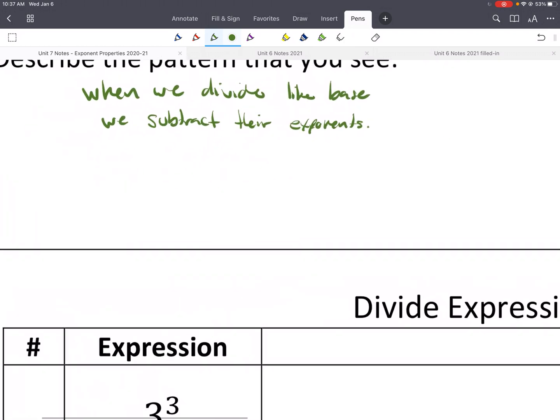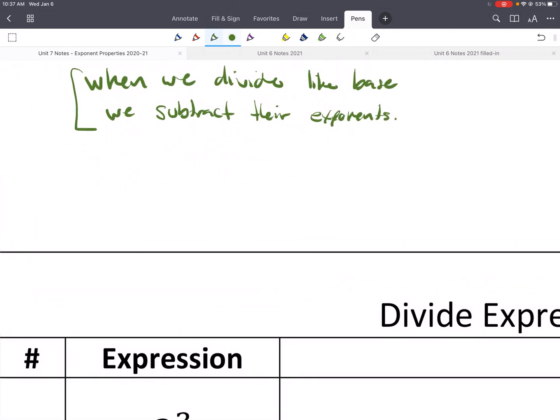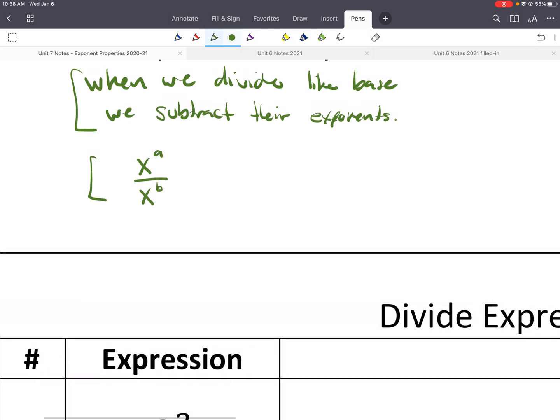Okay, so this is kind of like with words, and with a little equation, it's kind of like this. If we have something like x to the a, where a is some number, it could be 2 or 3, and we're dividing it by something that has the same base but a different number, or it could be the same number, okay?